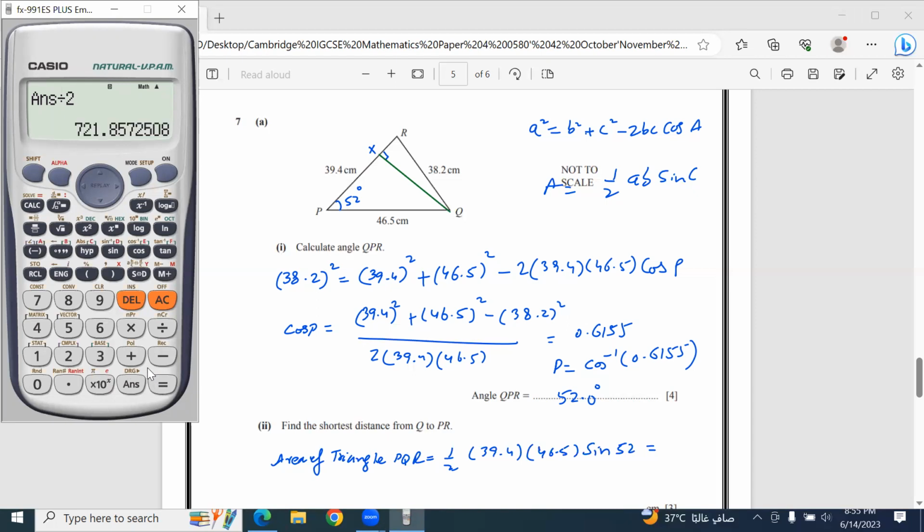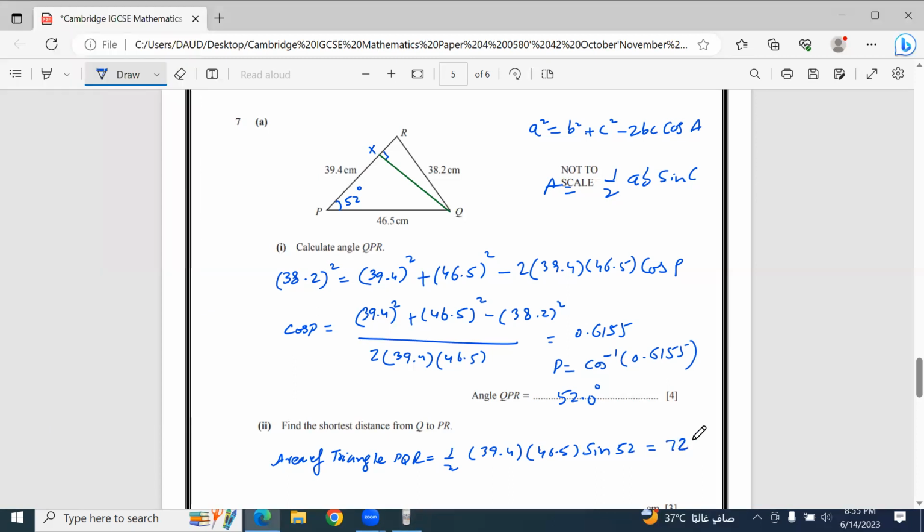This is 721, or we can say 722. That is the area. Now we are looking for the shortest distance.